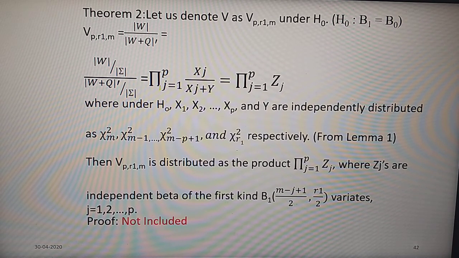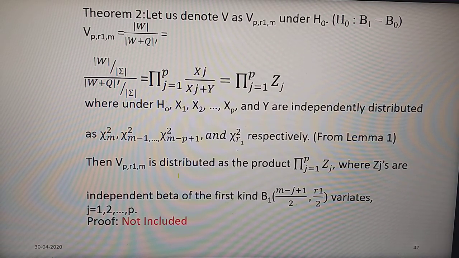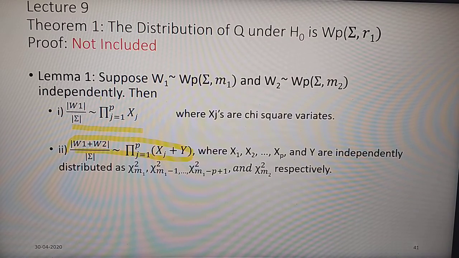So this is equal to the product, j goes from 1 to p, of xj by xj plus y, because of lemma 1. This is the numerator here, and this is the denominator.